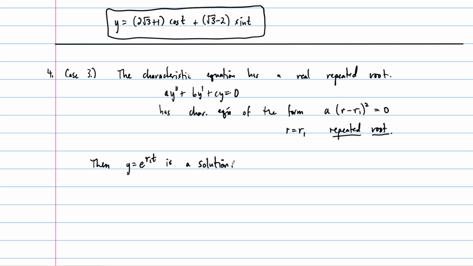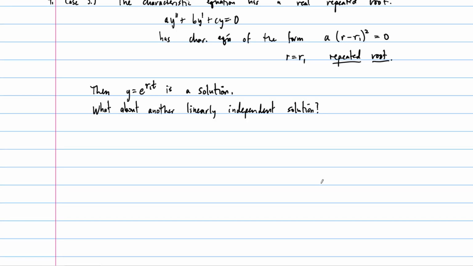But it's only one solution. So what about the other solution? That's the new question. What about another linearly independent solution? Can we find one? This is the question.